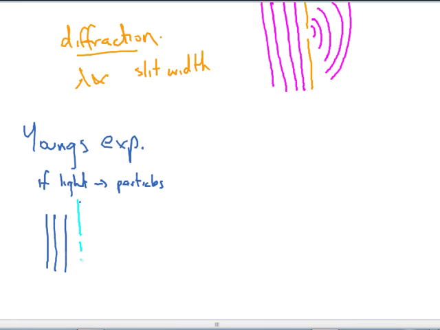It would have passed through the double slit, and then on our screen we would have expected two bright spots. But this is not the case.